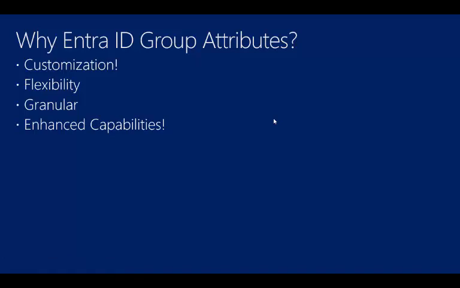So why do we care about these attributes? Well, a couple of reasons. One, with these attributes, we can create groups that are very custom to your needs by combining attributes in a few different ways. You can really get into some specific focus for helping you define groups as you think about delivering your configurations.